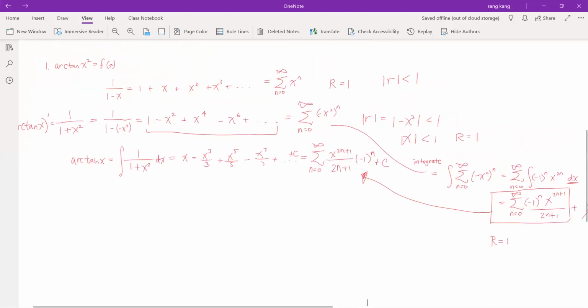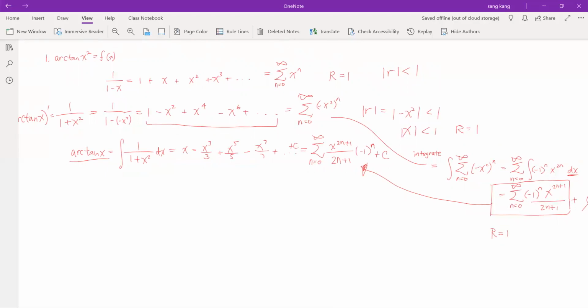Okay, so actually we didn't finish the problem. We just derived arctangent of x. But once we have that, finding arctangent of x squared is as easy as just plugging in x squared for x. So arctangent of x squared is going to be x squared minus x squared cubed, which is x to the 6 over 3, plus x to the 10th over 5, minus dot, dot, dot.